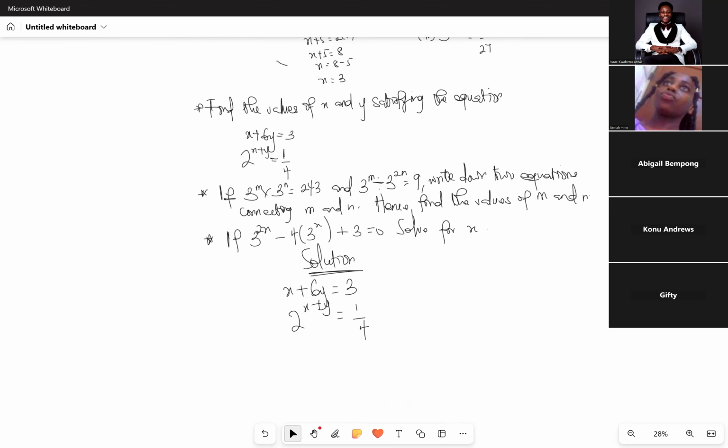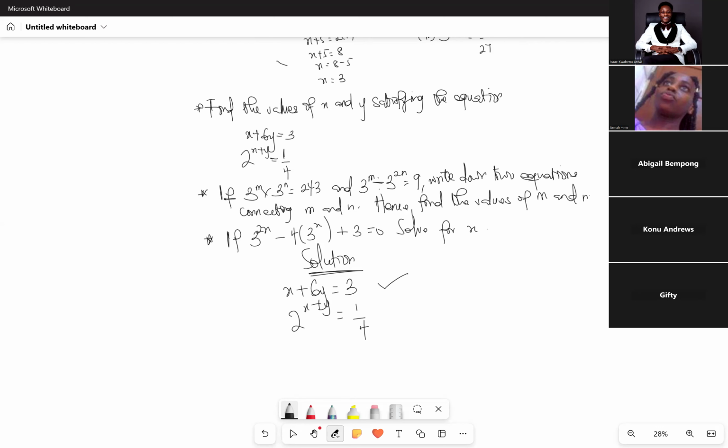We are asked to find the values of x and y satisfying the equation. What it means is that x is a variable and y is a variable. A certain number, when you add it to 6 times another number, the result is 3. Now find those numbers.